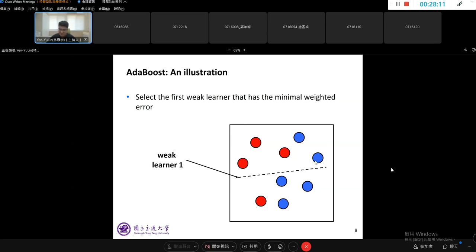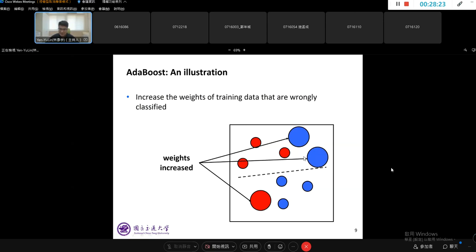As mentioned previously, we maintain a data weight distribution, so we can highlight the data that are difficult to classify. In this case, we increase the weight of these three misclassified examples. In this situation, the 3 data points are more important because they are associated with higher weight.